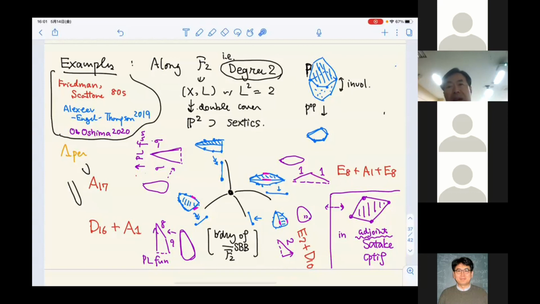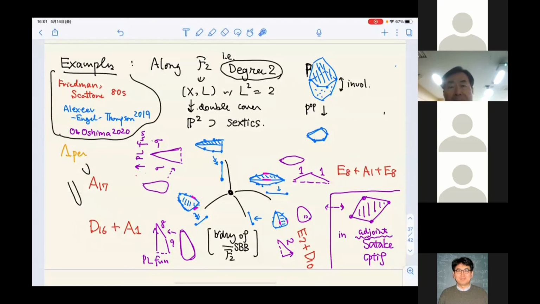In this case, we associate like this. And whose combinatorial structure is also classified in terms of root lattices.